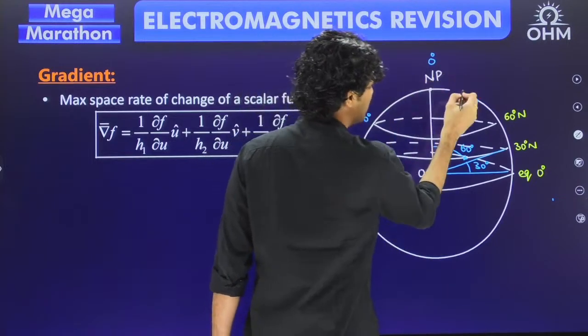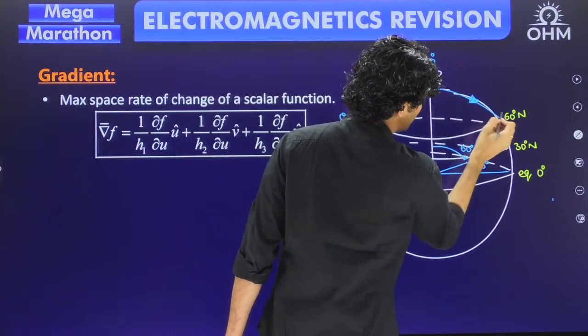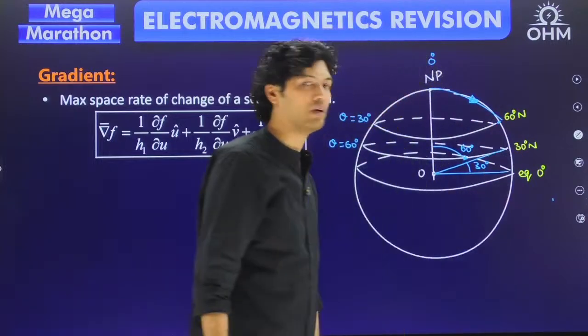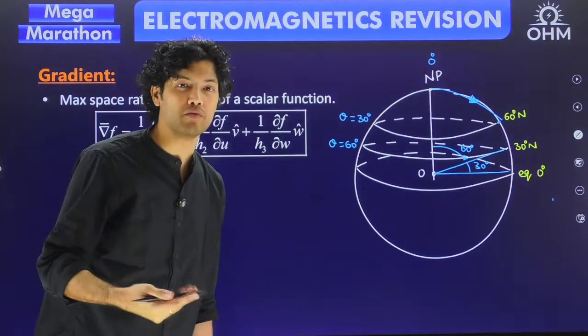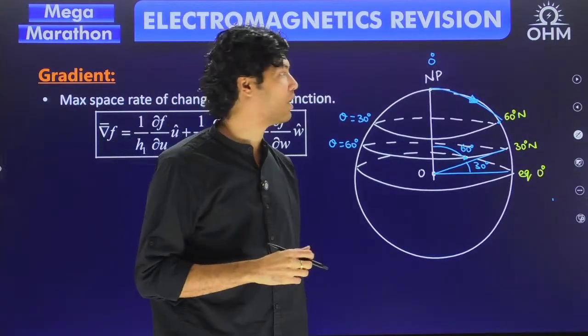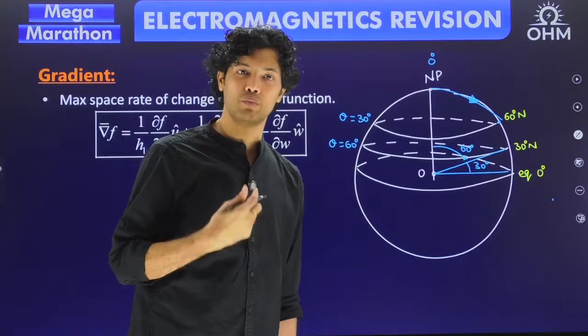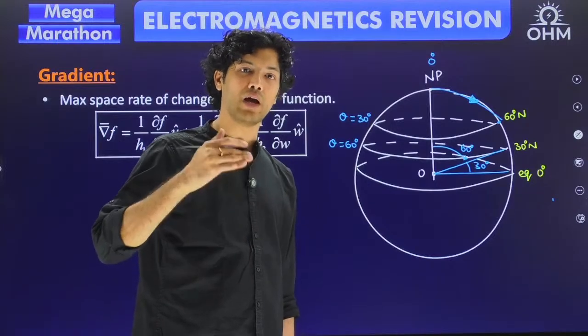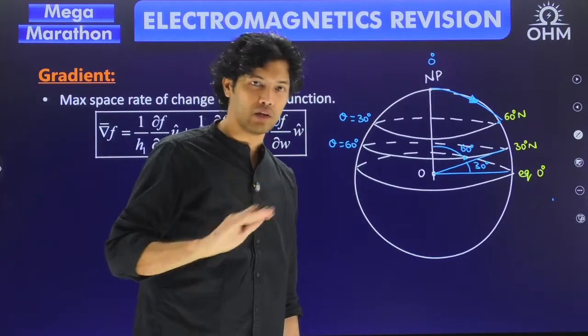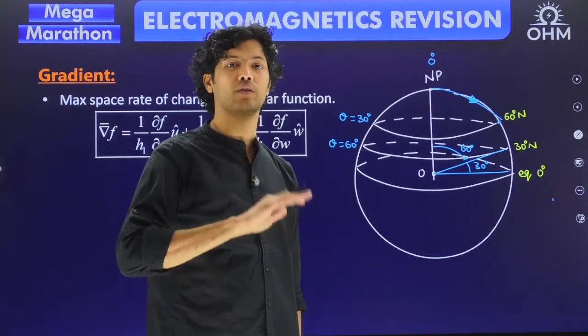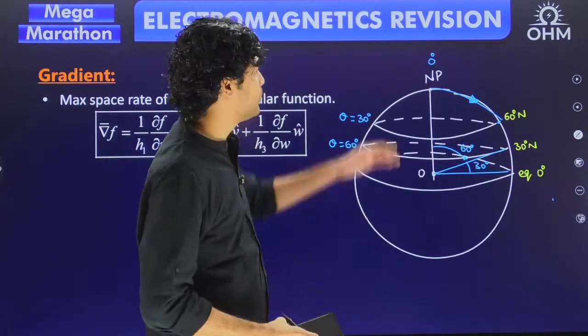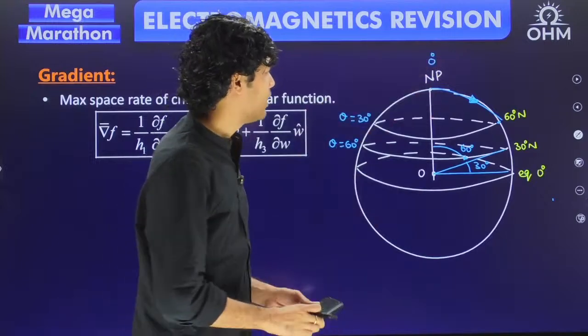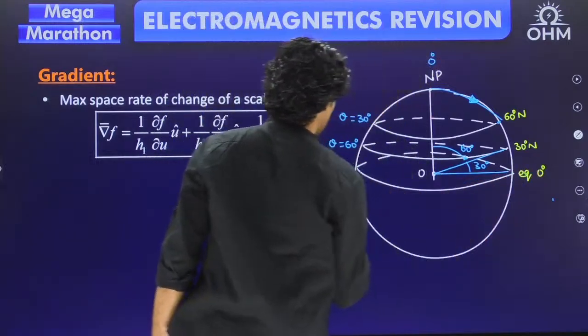Because I'm starting from here, and how much angle am I supposed to rotate so as to reach this particular latitude? It is measured from North Pole. I'm not moving from the equator. You have to keep in mind that one small point. I'm moving from North Pole when it comes to the spherical coordinate system. On Earth, we have north and south separately. In our spherical coordinate system, there is nothing called north and south. There is only with respect to North Pole. Okay. And same with equator, like I've told. What is equator known as?